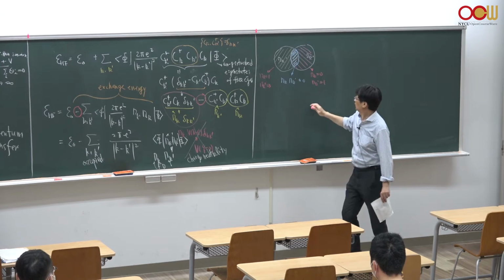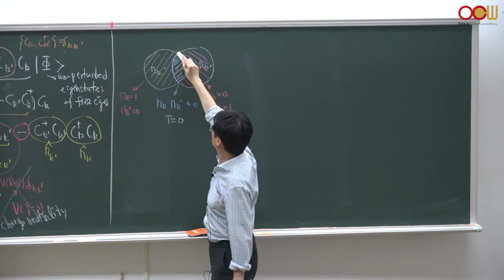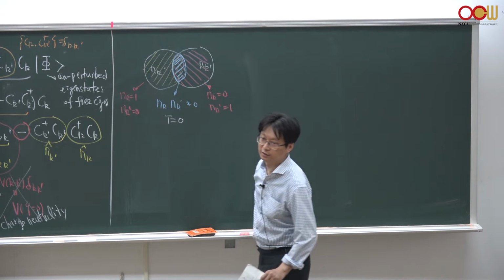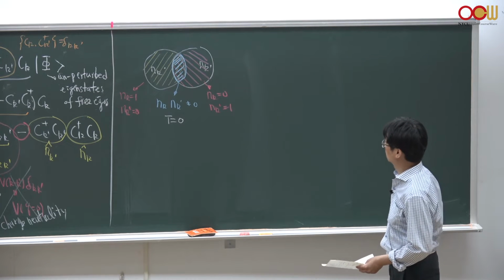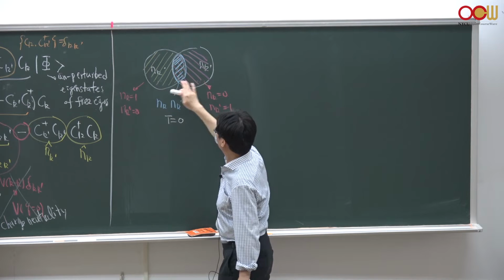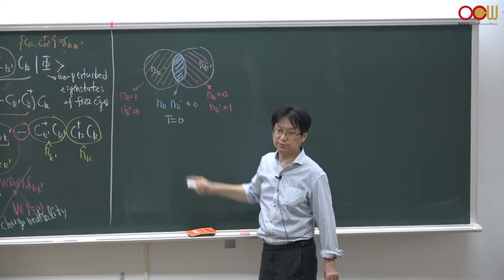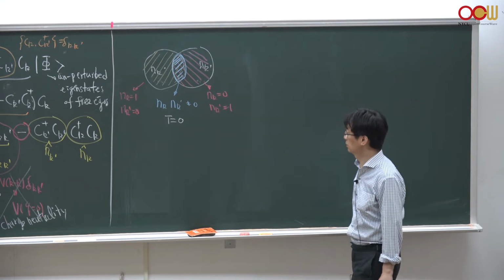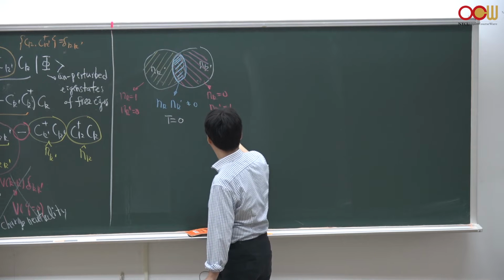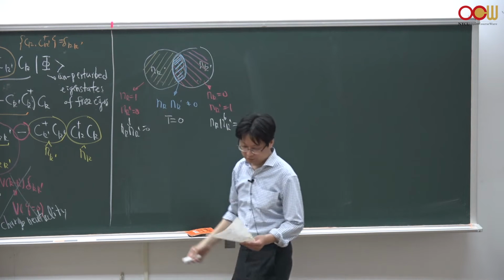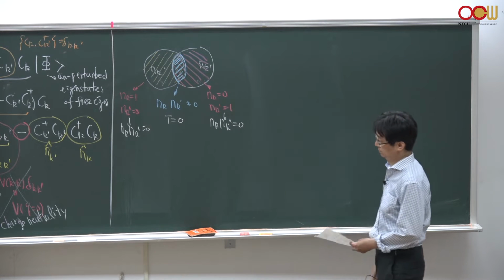So at the 0 temperature limit, we need only care about this intersection between these two Fermi spheres, because on either side of this intersection region, one of these Fermi functions vanishes in the 0 temperature limit, so that the product of these two Fermi functions is 0. So in the 0 temperature limit, we only need to pay attention to this region.